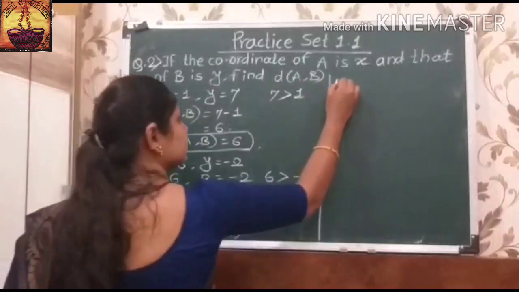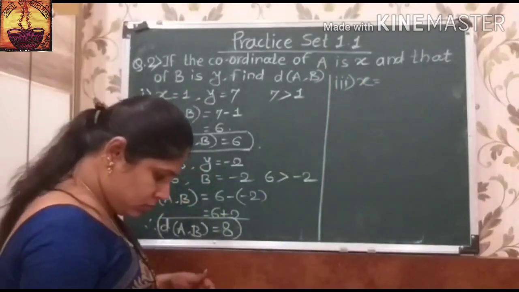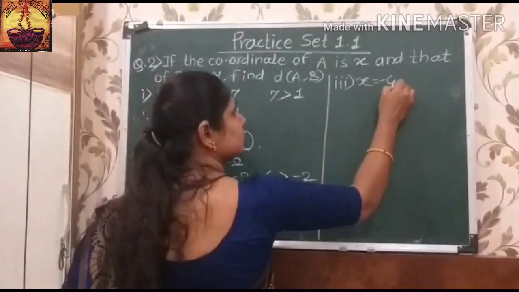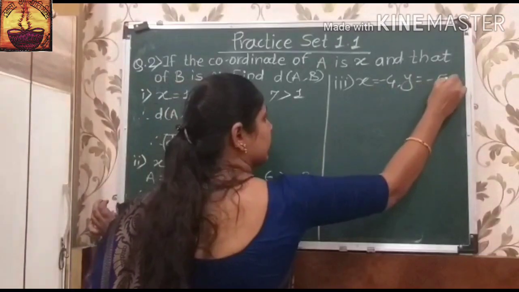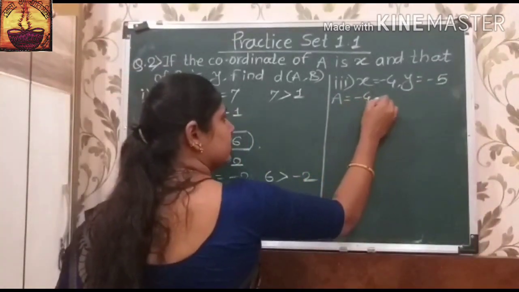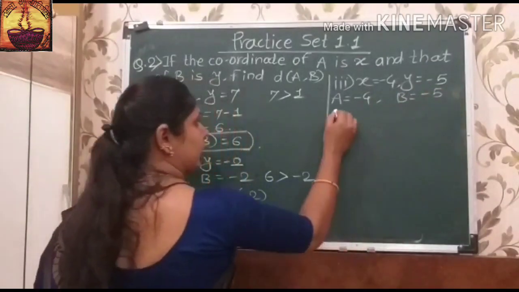Now third, x is equal to -4 and y is equal to -5. The coordinate of A is -4 and the coordinate of B is -5.